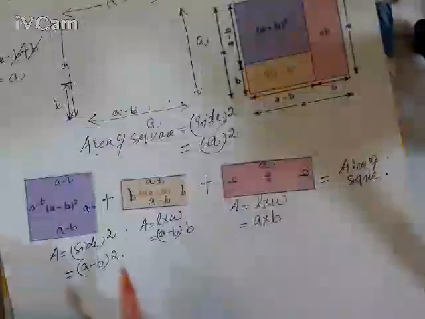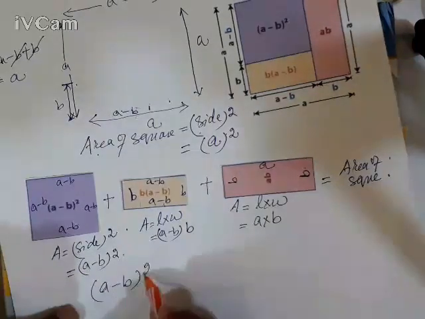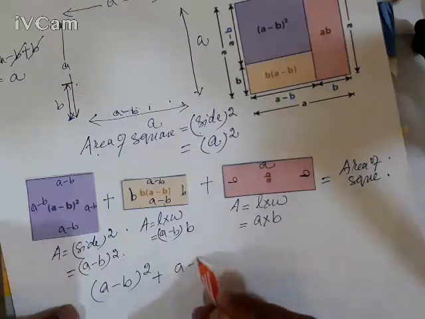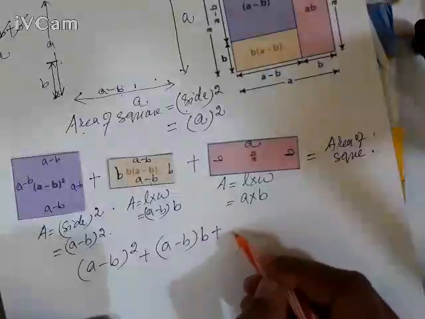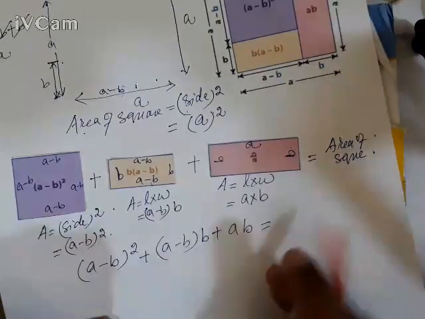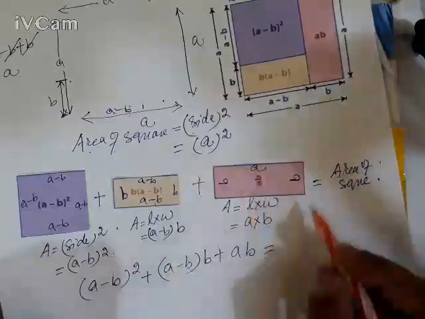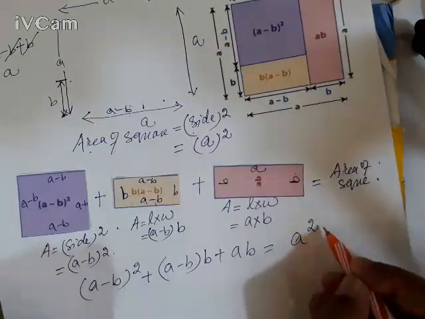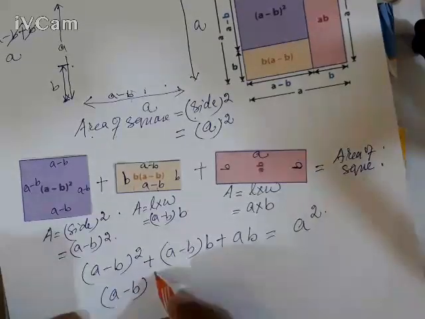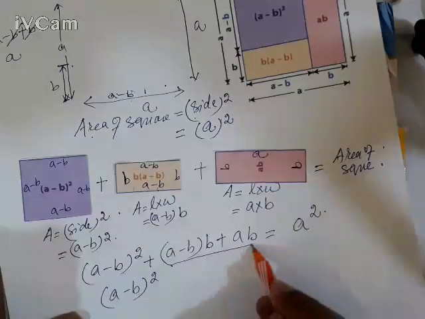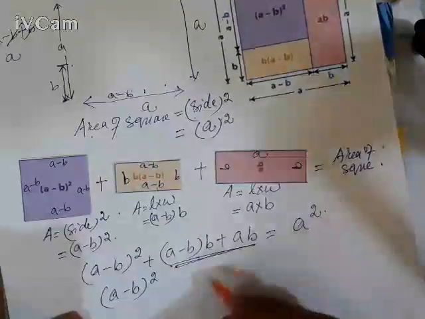Now when we add (a minus b) whole squared plus (a minus b) into b plus ab, which is equal to, and we have already calculated the area of the square is a squared, so we will write a squared. Next step is (a minus b) whole squared, and move all these areas to the other side.